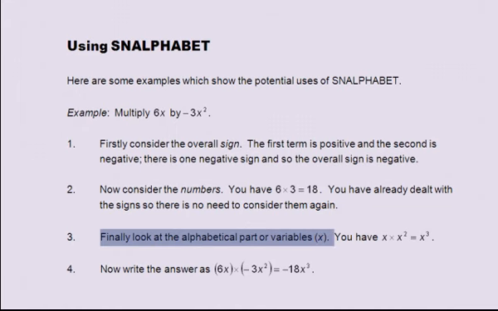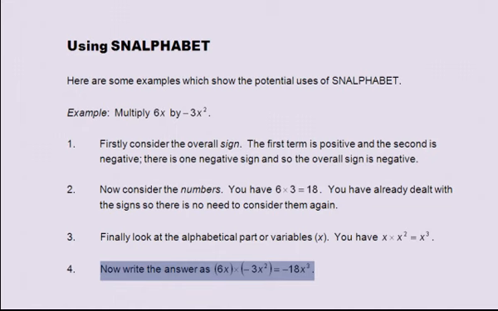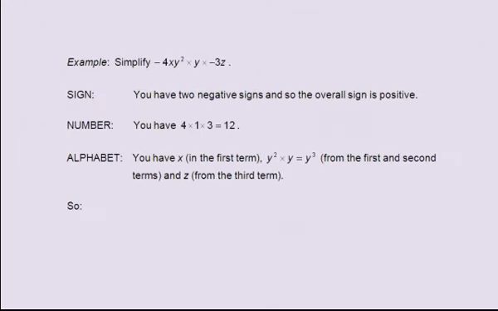You have x in the first term multiplied by x squared from the second term, which equals x cubed. Step 4. Now write the answer as 6x multiplied by minus 3x squared equals sign minus, number 18, alphabet x cubed: minus 18x cubed.